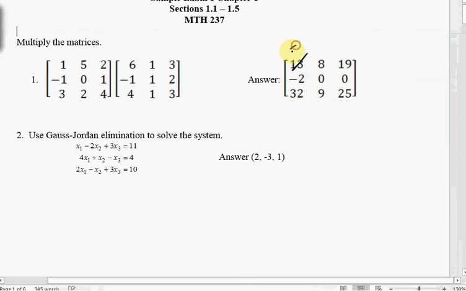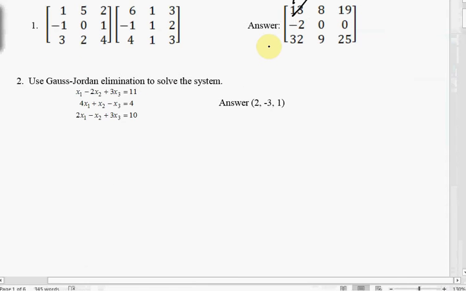Good. Yep. Perfect. Let's look at number 2. Use Gauss-Jordan elimination to solve the system. So we're going to take this system, write it as a matrix, and then just reduce. Okay?